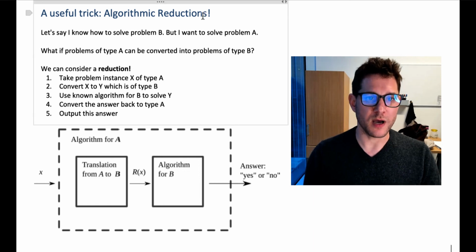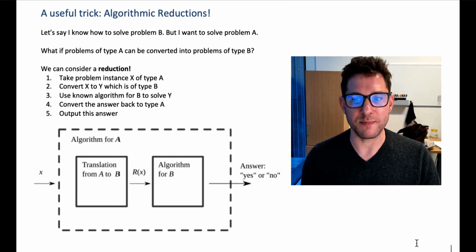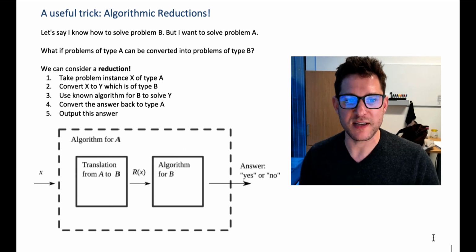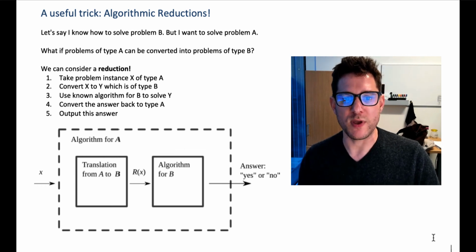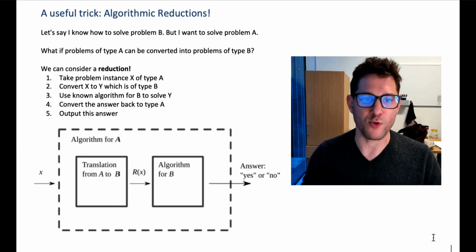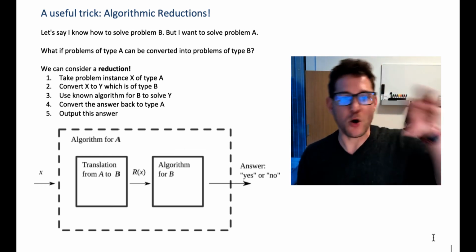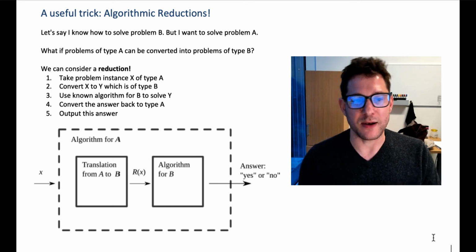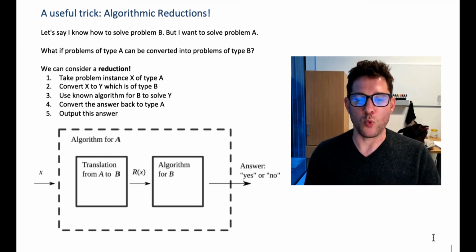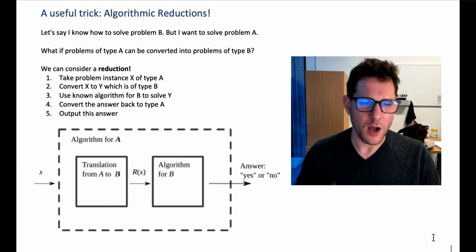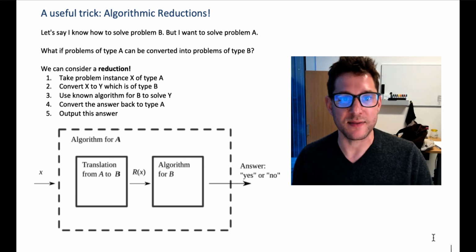This trick is used all the time to reason about the relative complexity of various algorithmic problems, and we're going to see several examples of this where we convert problems of one format into problems of another format. We apply some polynomial time reduction to get between these two problems, and then that'll tell us that essentially one problem is strictly more difficult than another problem. I'll explain in more detail what I mean by that in the coming lectures.